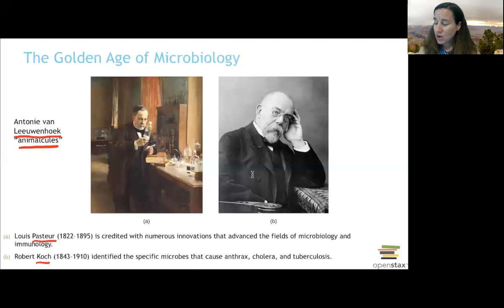He figured out what causes anthrax and cholera and tuberculosis. He found the bacteria that caused them using what we now call Koch's postulates. Later on, not in this chapter, we will go through Koch's postulates and how he did what he did. Same with Pasteur. But right now, know their names, have a general idea of what these guys are famous for.